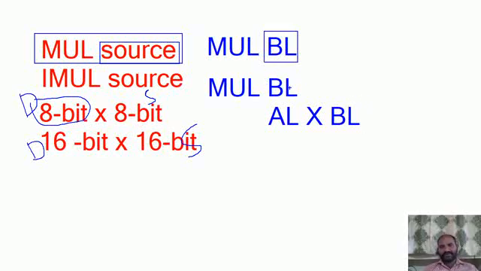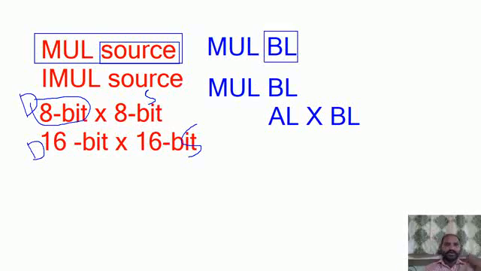It can perform 8-bit multiplication or 16-bit multiplication, but not a mixed 8-bit by 16-bit multiplication. So depending on the source size, the destination is decided. If the source is an 8-bit number like BL, then the destination is the other 8-bit number in AL, which is the default register taken by the microprocessor for the multiplication operation.